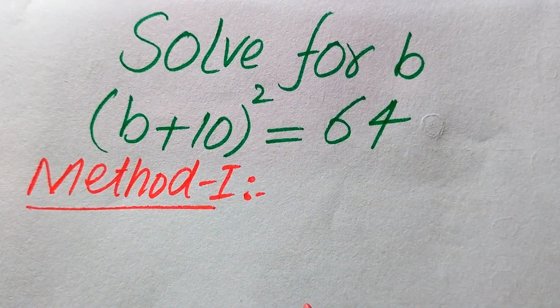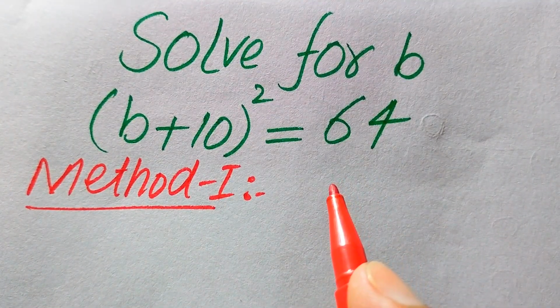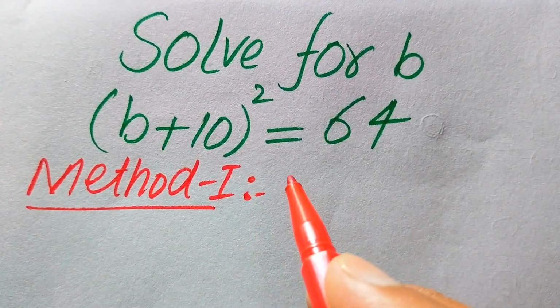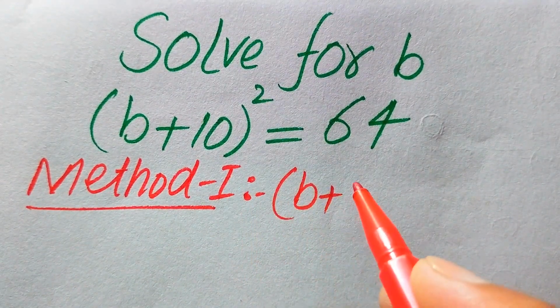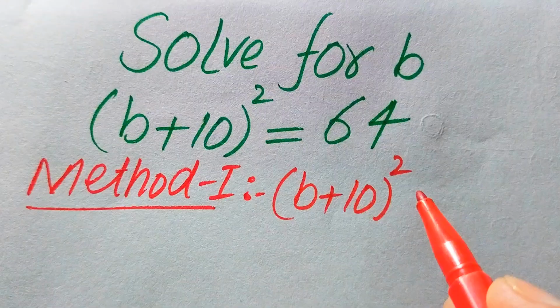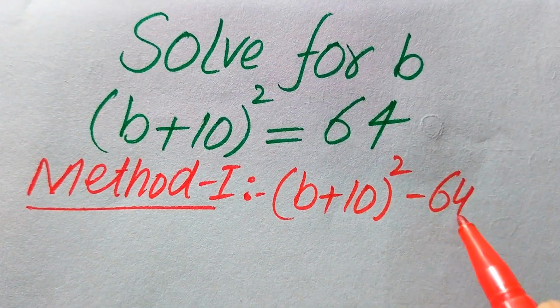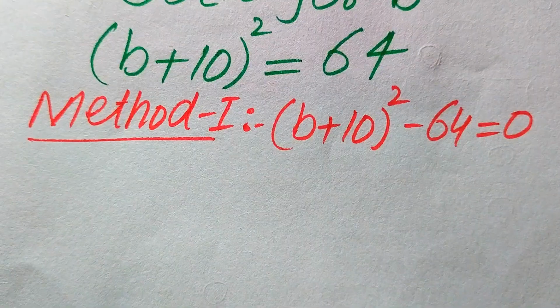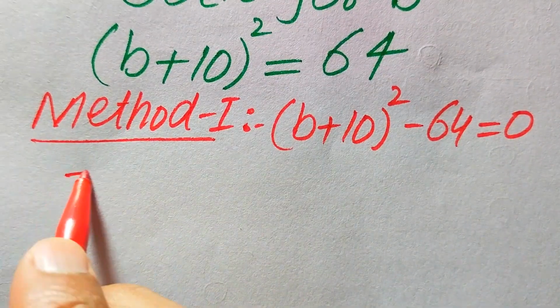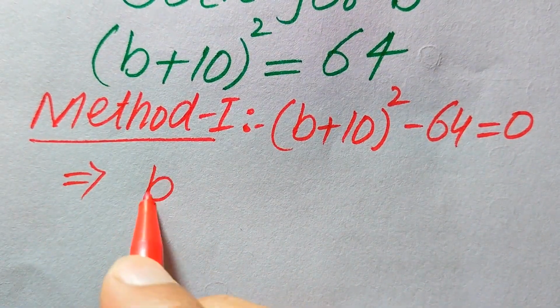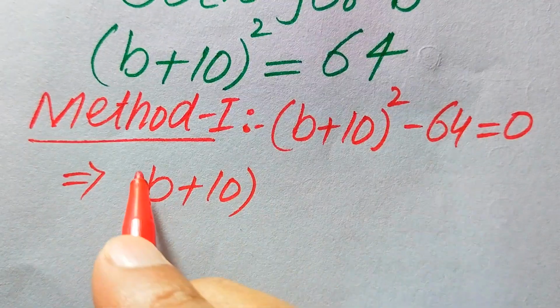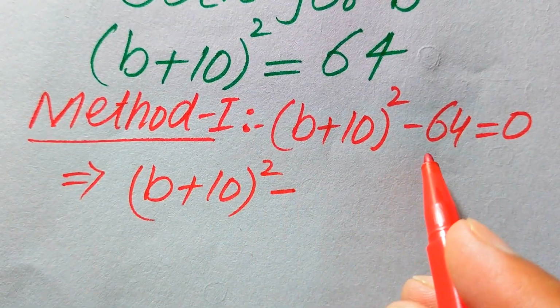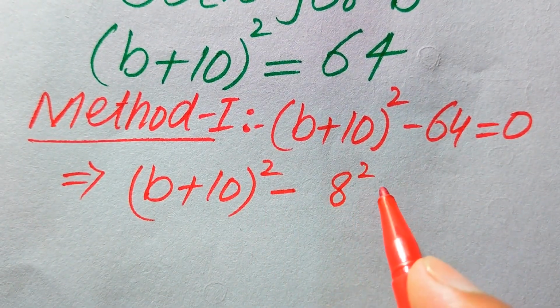In the first method, we move the term 64 from the right hand side to the left hand side, and this becomes (b + 10)² − 64 = 0. In the next step, we rewrite this equation as (b + 10)² − 8² = 0, writing 64 as 8 square.